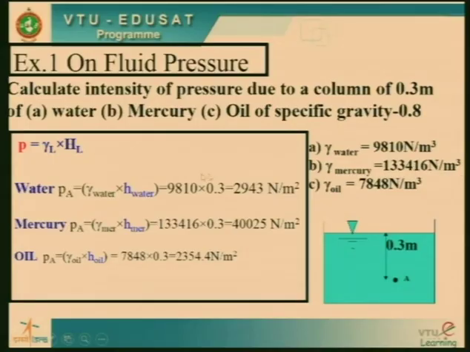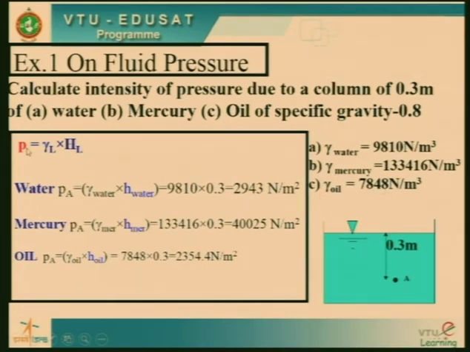Before we start, first we will take gamma of water as 9810, gamma of mercury, which is the specific weight of mercury, as 133416 Newton per meter cube. Then we go for oil, which is 0.8 into 9810, the value is 7848.